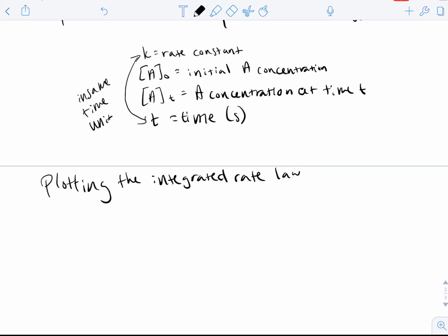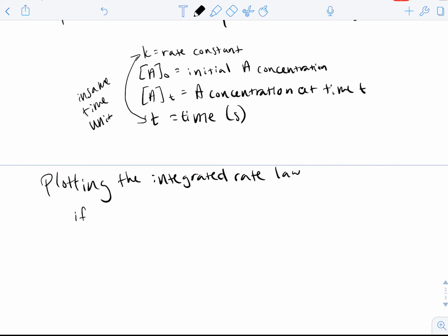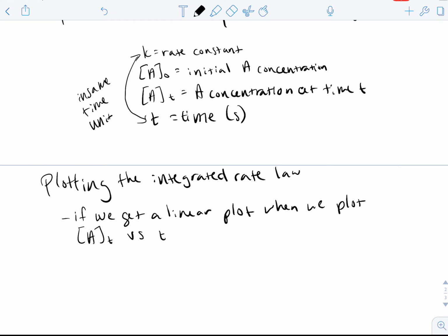So if we get a linear plot when we plot A at time t versus time, we have a 0th order process.